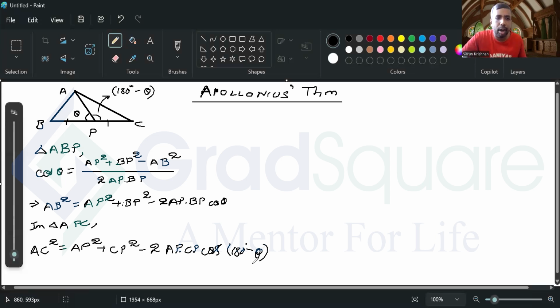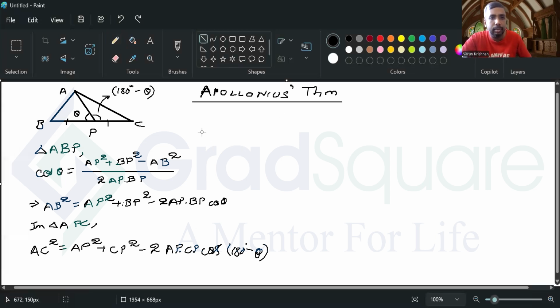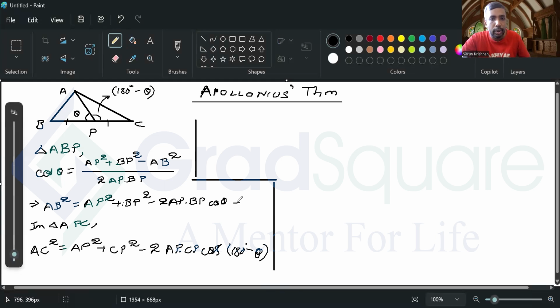I hope you can pardon my bad handwriting and understand what I've written here. Now I'm going to add these two equations. So I'm adding equation 1 and equation 2.